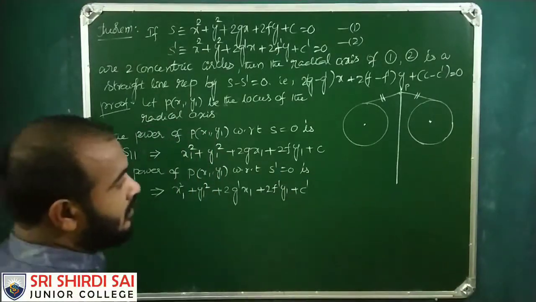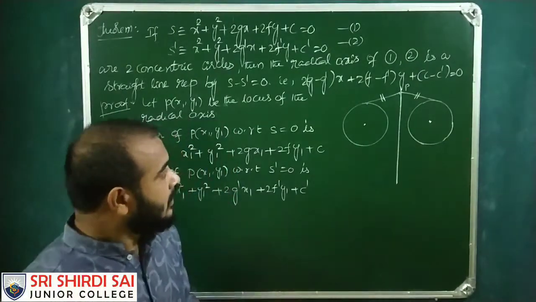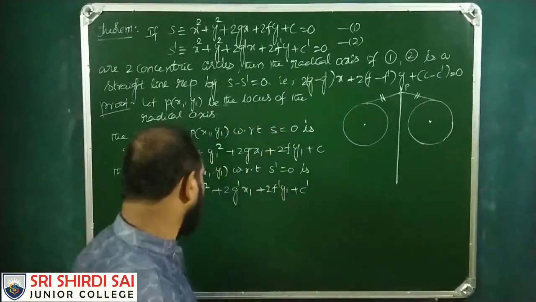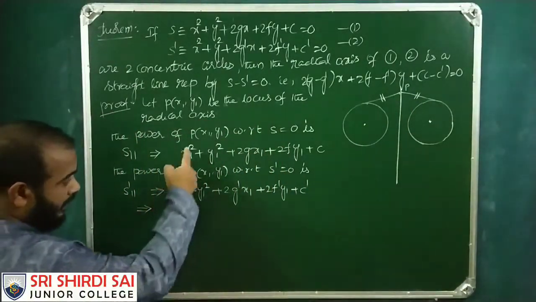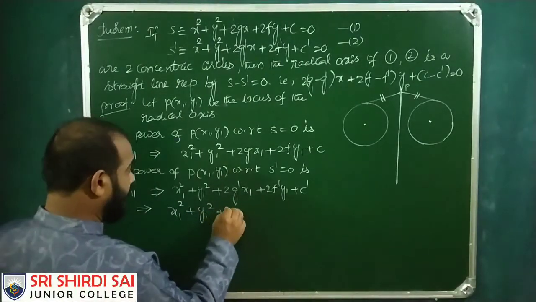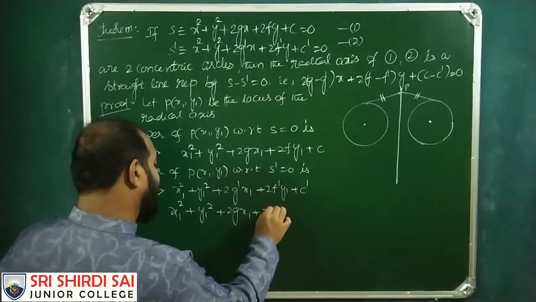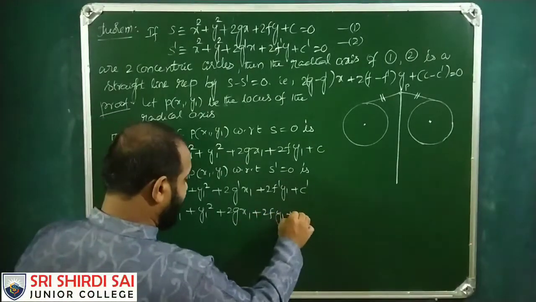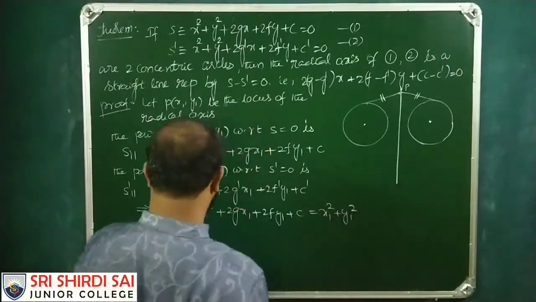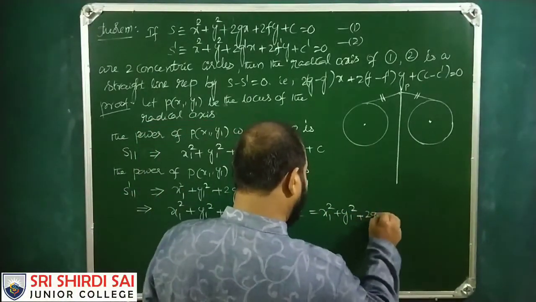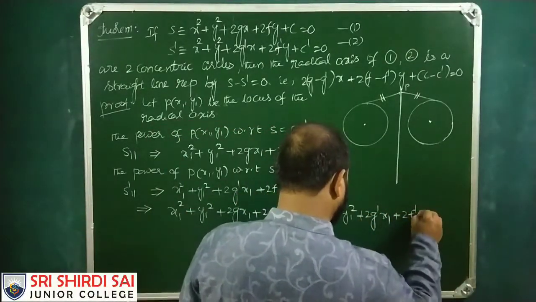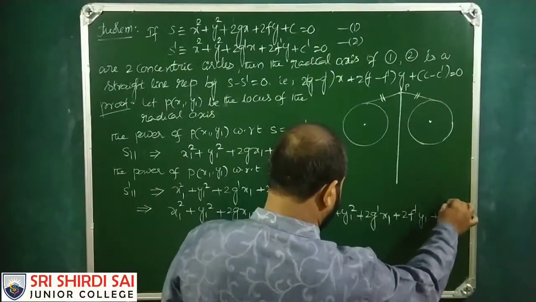So according to the definition of the radical axis, the powers of P with respect to these circles are equal. So that is why I will equate these two: x1 square plus y1 square plus 2g x1 plus 2f y1 plus c equals x1 square plus y1 square plus 2g dash x1 plus 2f dash y1 plus c dash.